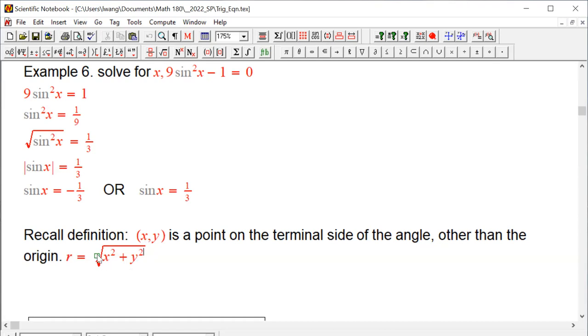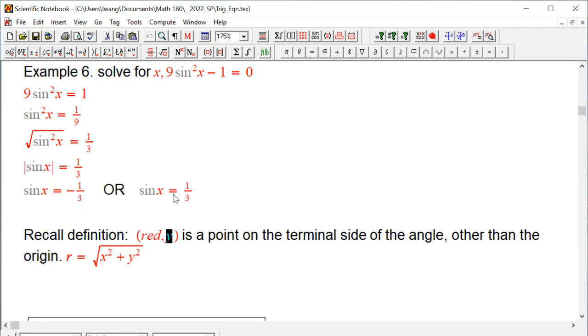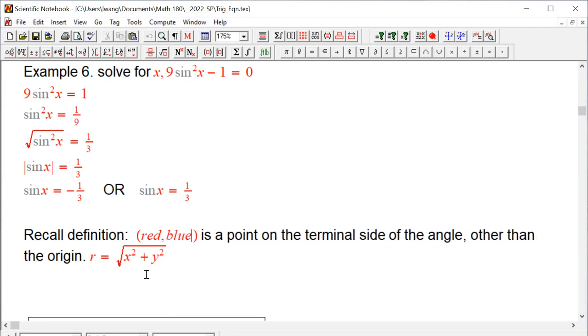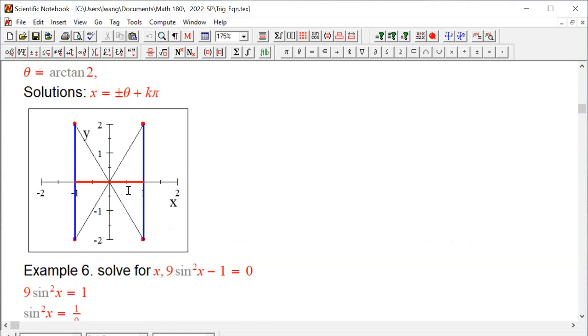Here, to avoid any confusion, because we already have an x in the equation, we should not confuse it with the x in the point. So for clarity, we could change it. Let's use red for the horizontal measurement and blue for the vertical measurement, which is something we have always been using.